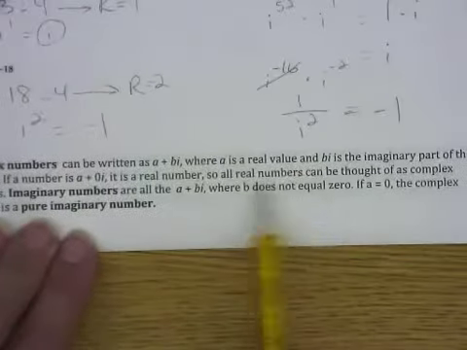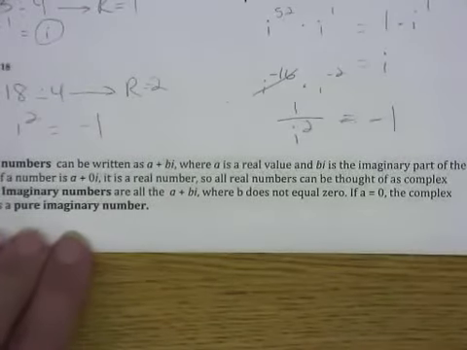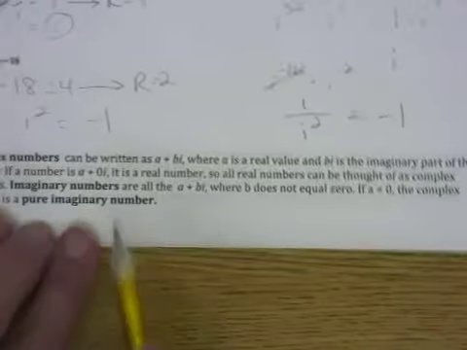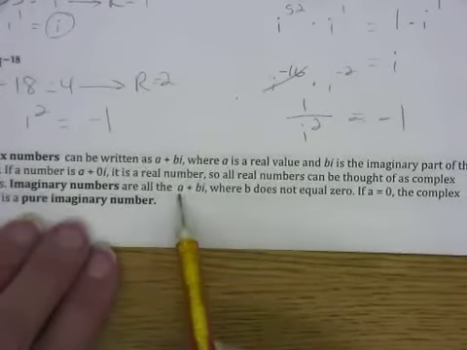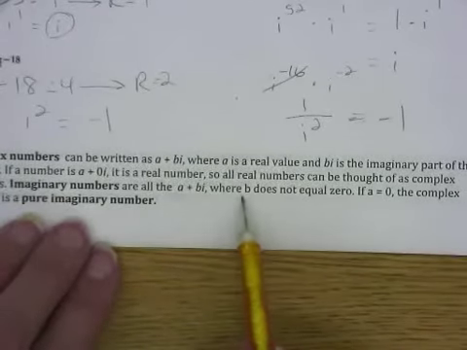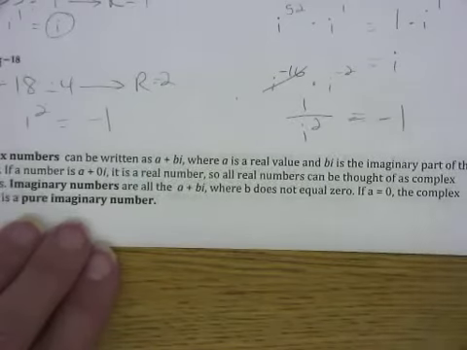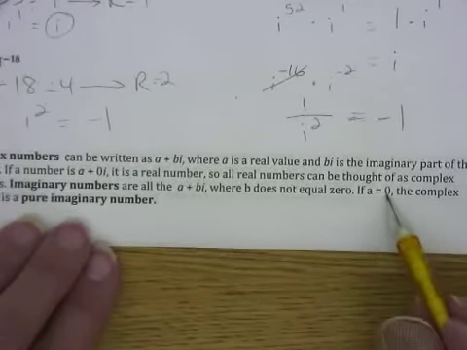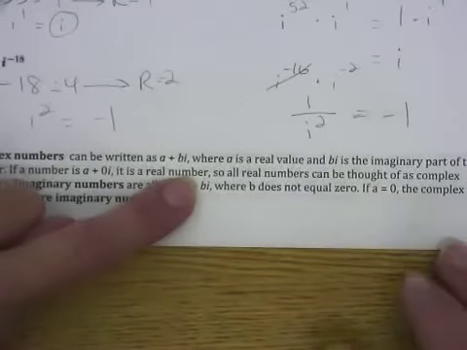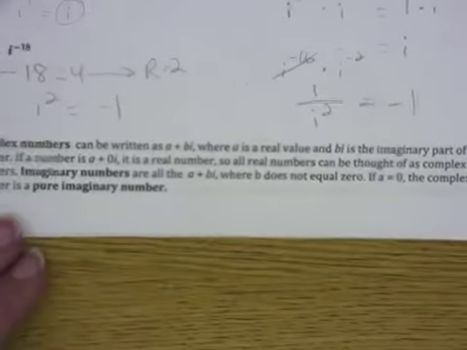So all real numbers can be thought of as complex numbers. Imaginary numbers are all these numbers, a plus bi, where b does not equal 0. And finally, if a does equal 0, meaning all I have is b times i, then we call it a pure imaginary number.